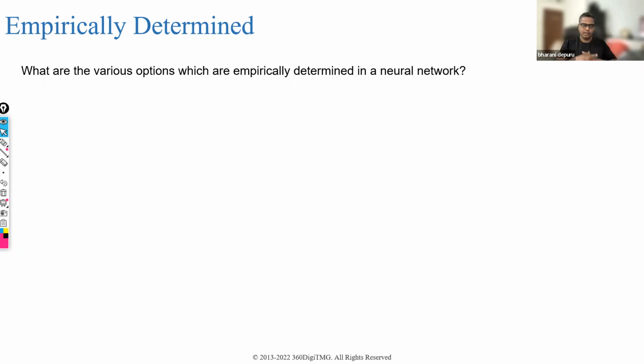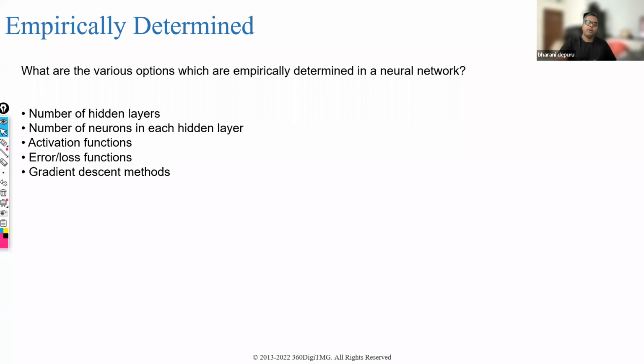We experiment. Number of hidden layers, number of neurons in the hidden layers, what activation functions should be used, what loss functions should be used, what gradient descent algorithm should be used. All these are experimental in the world of neural networks. Deep learning means neural networks.